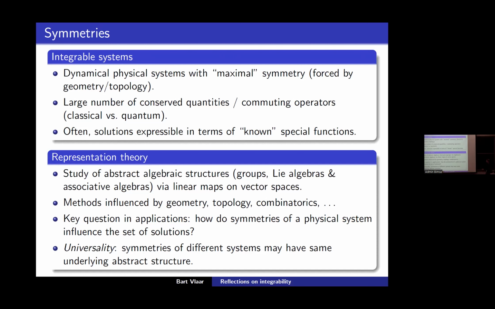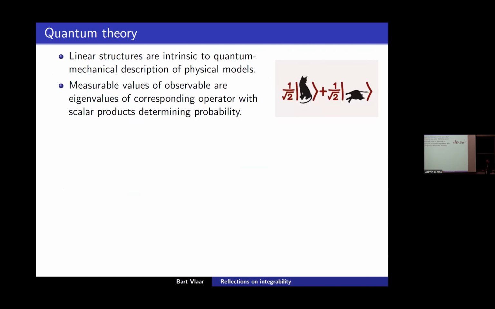I want to start now by being a bit more precise about quantum mechanics. An observation is that in quantum mechanics, linear structures are essential. They're intrinsic to the setup. States of a quantum system correspond to elements of a vector space, and observables to suitable linear operators.